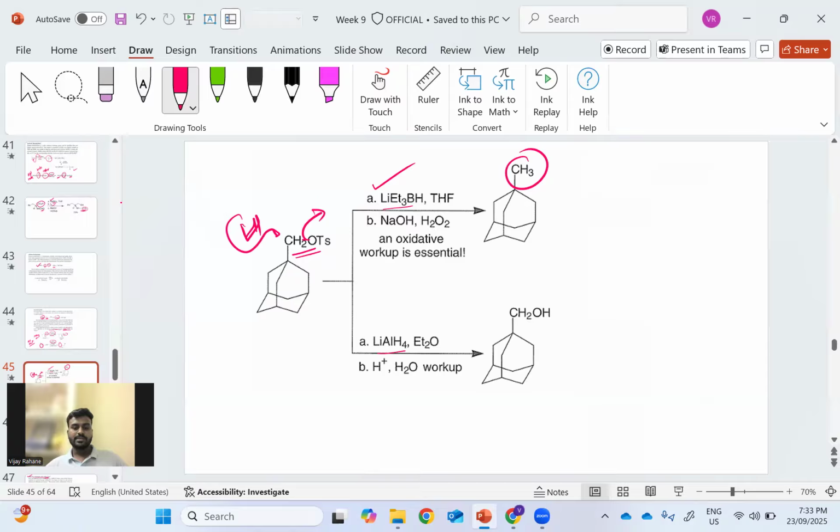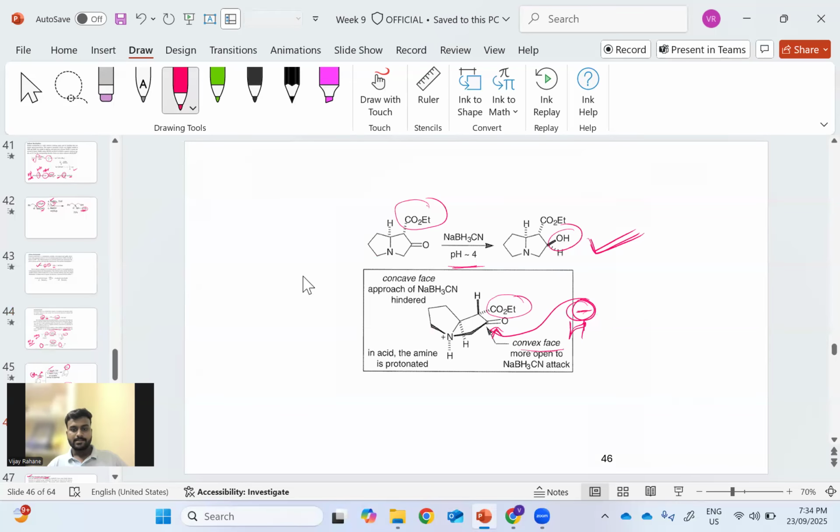But if you use the LiBH4 in ethanol, in that case only the ester is reduced and we get the product as an alcohol.